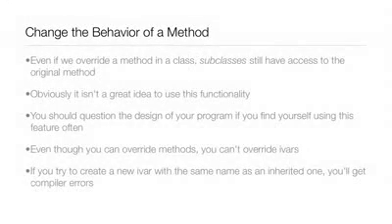And a little bit more about changing the behavior of a method. Even if we override a method in a class, subclasses still actually have access to the original method. And obviously this isn't a great functionality to use. Again, you should question the design of your program if you find yourself using this feature often, because not only is it that this method over here in this class does this thing, while that method in that class does that, it could be that this method over here still does that sometimes, but not all the time, and it just becomes very confusing.